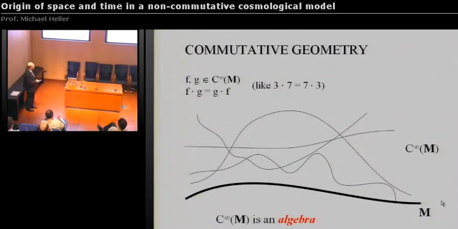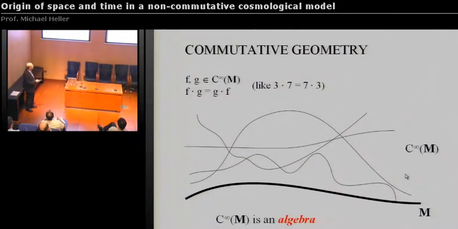But there is another equivalent way of doing the same thing, namely in terms of smooth functions defined on M. Here we have some graphs of a few functions, and all functions which are smooth on a manifold of space-time type are denoted by C infinity M, and they form an algebra. This means that the functions can be added, multiplied by scalars, and multiplied with each other.